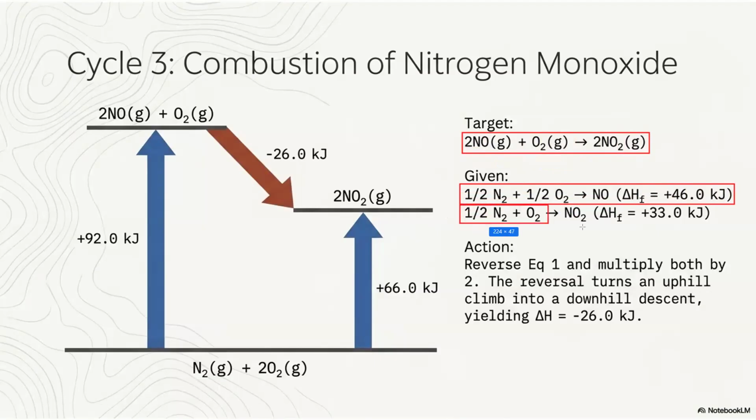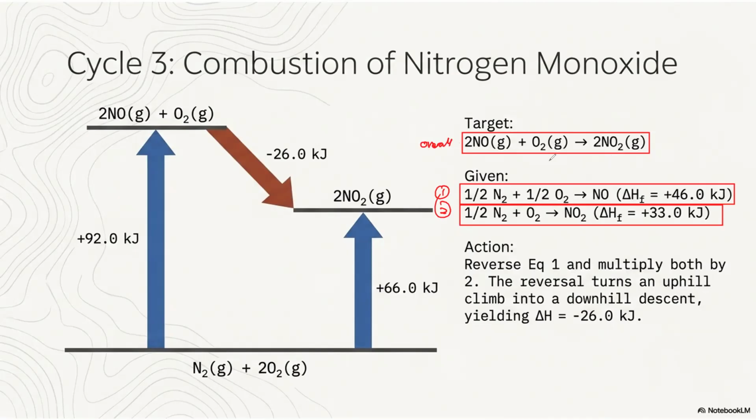Then you have half N2 plus O2 give NO2, delta HF is positive 33.0. All right, so how are you going to manipulate between equation 1 and equation 2 in order to get the overall in here?